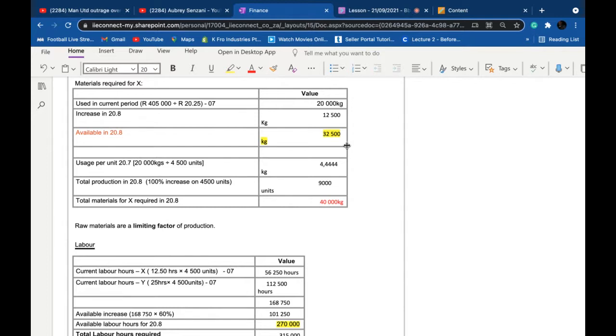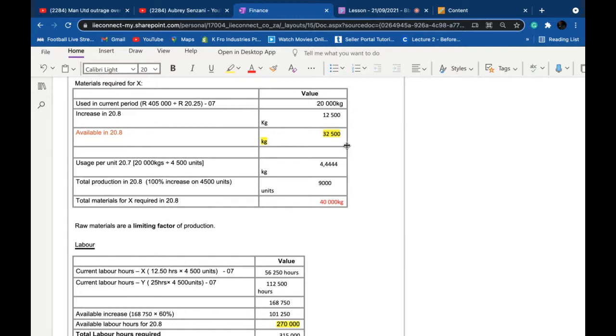For product B, we need 15,000. If you add those together, that's 35,000 kgs that we need, but we only have 32,500. So that's a constraint, because we need more than we actually have. If we had 60,000 kgs of materials but only needed 35,000, then we wouldn't look at it as a constraint. Does that make sense?